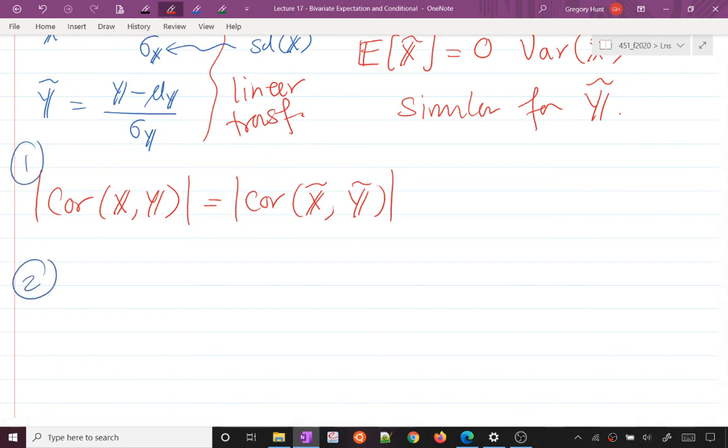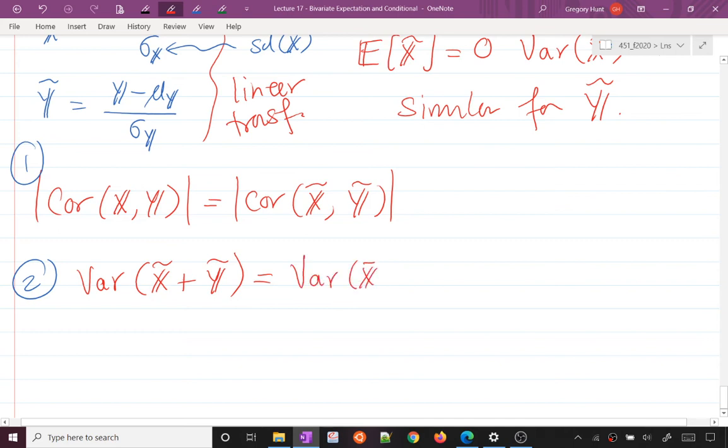Fact 2 here is that if I look at the variance of x tilde plus y tilde, we know from our previous theorem that this is the variance of x tilde plus the variance of y tilde plus 2 times the covariance of x tilde and y tilde. And I could play the same game if, instead of having a plus, I had a minus. I would switch my plus here to a minus.